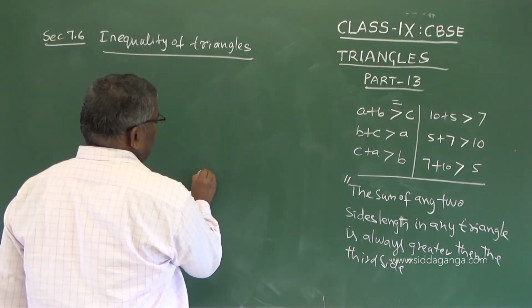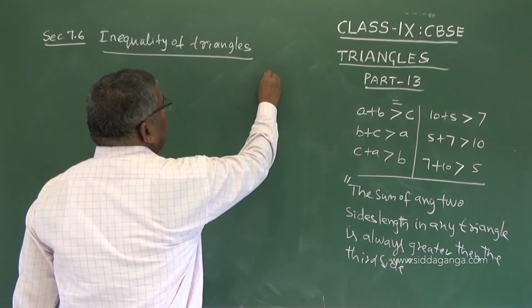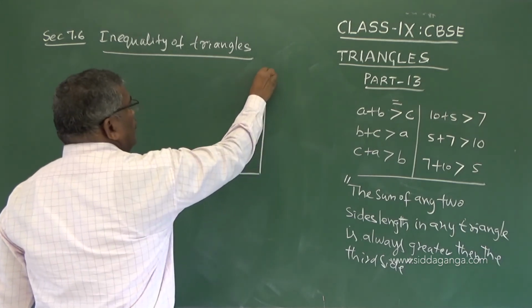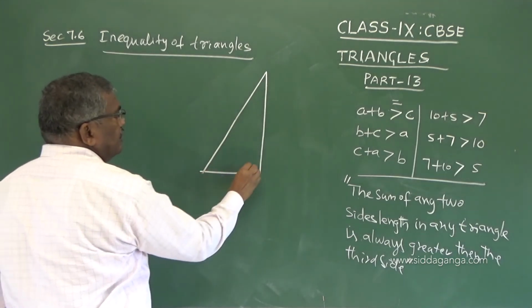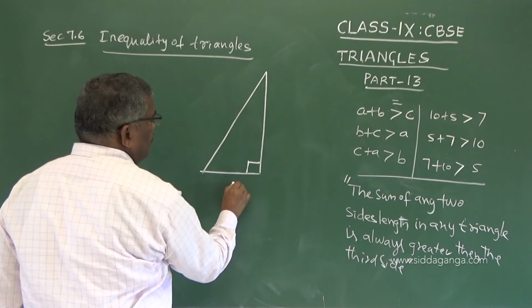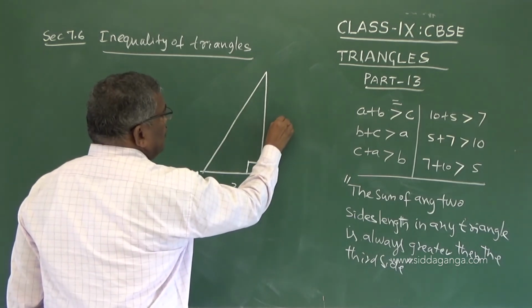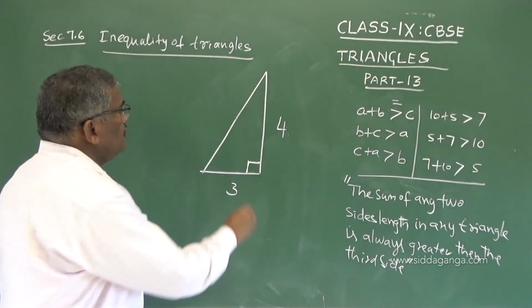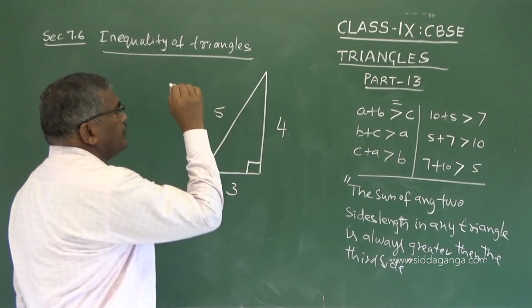So let us examine one more triangle. So let this be a right angle triangle. You know, 3, 4, 5 always gives a right angle triangle. This is say 3 centimeter, this is 4 centimeter, and therefore this is 5 centimeter.